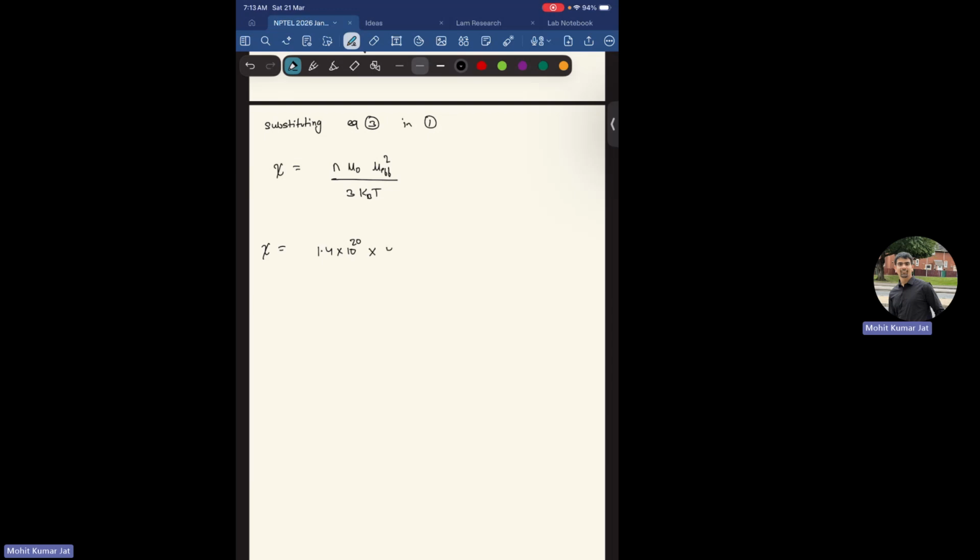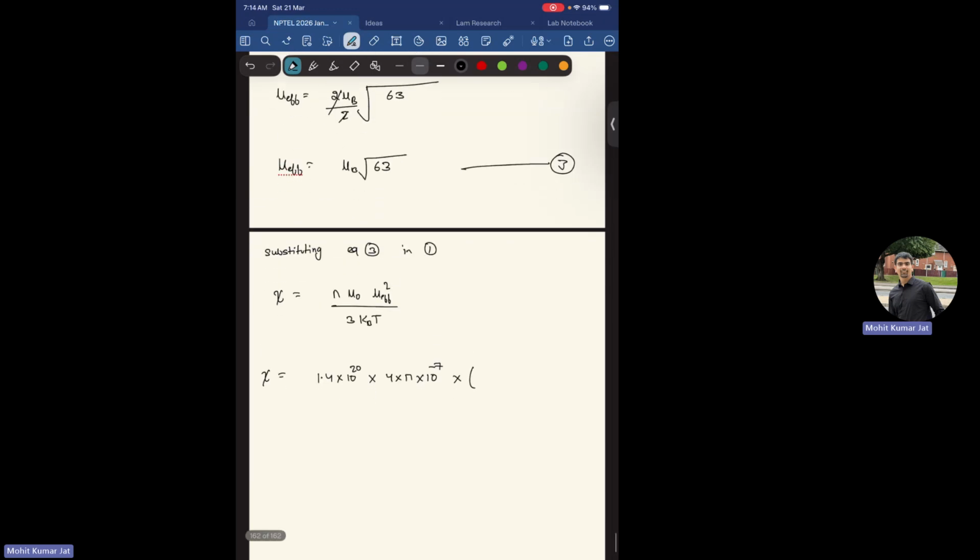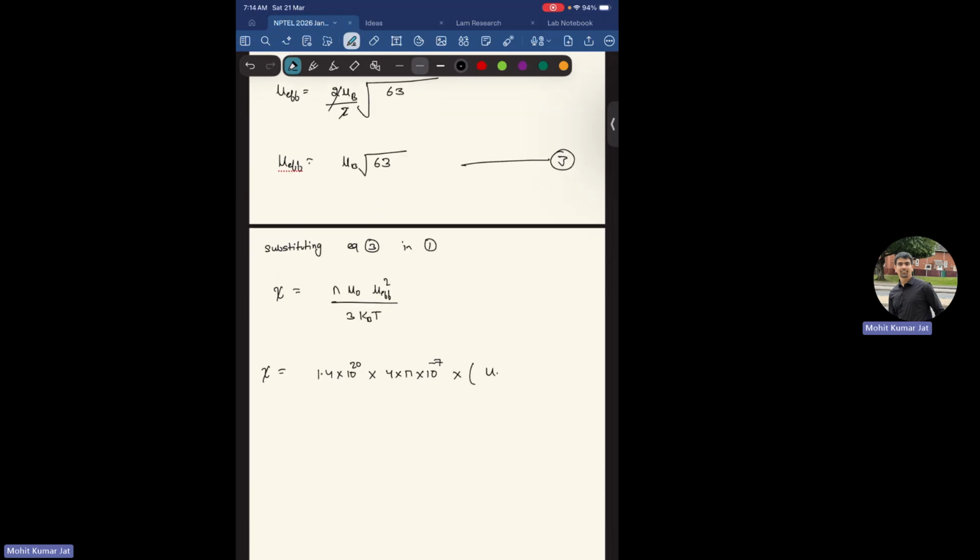Mu naught is 4 pi into 10 power minus 7. Mu effective square is mu B square times 63, over 3 kBT.